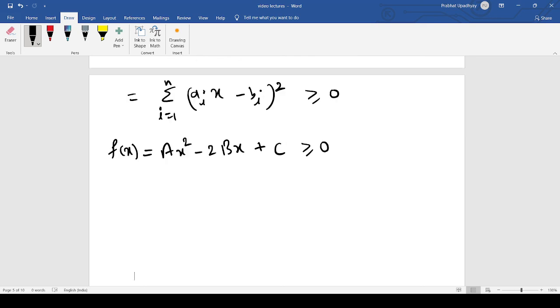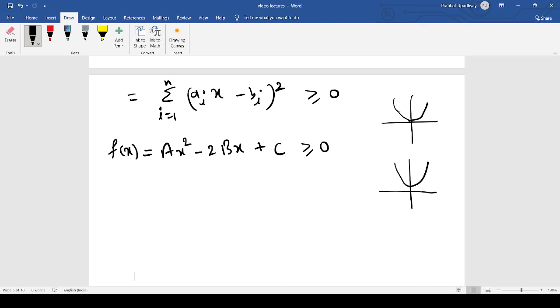Now you know that a degree 2 polynomial represents a parabola, and since this degree 2 polynomial always assumes value greater than or equal to 0, this parabola lies above your x-axis, or at most it can touch your x-axis. Now you know if it lies above the x-axis, it does not have any real root, and in that case the discriminant of this polynomial is strictly less than 0.